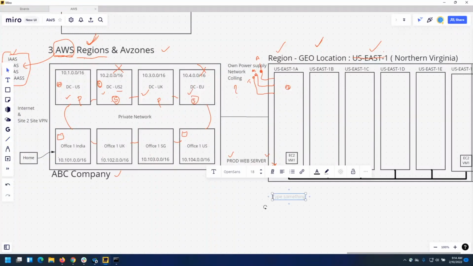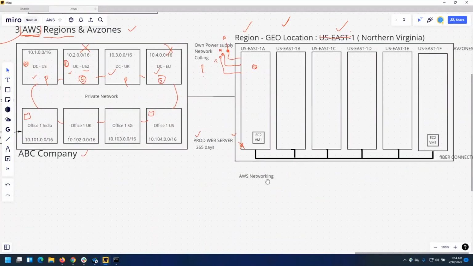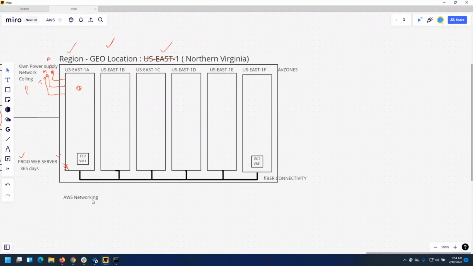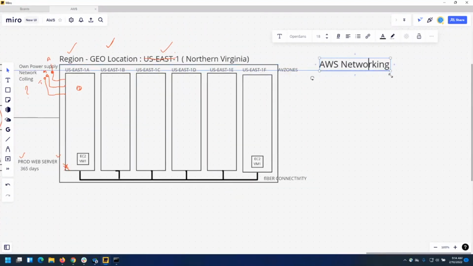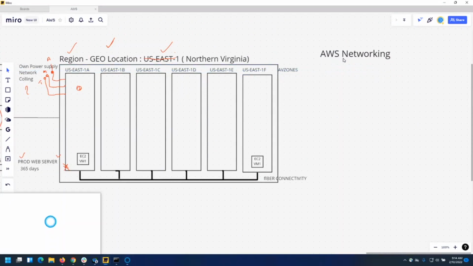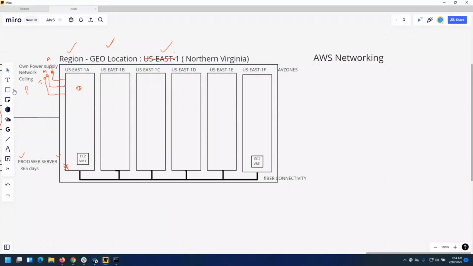You need to understand AWS networking in order to set up your infrastructure.